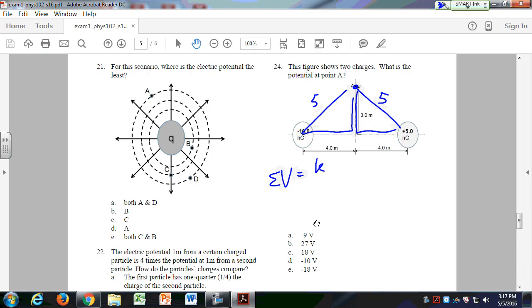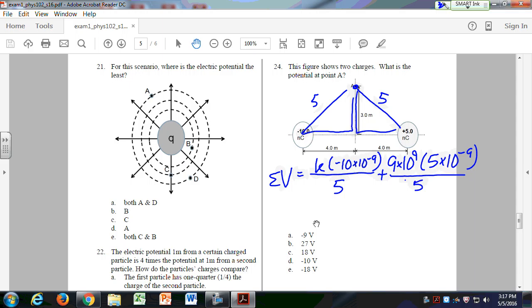It's going to be K times negative 10 times 10 to the minus 9 over R, which is 5, plus K, or I'll write out 9 times 10 to the 9th, times 5 times 10 to the minus 9, divided by R, which is 5.